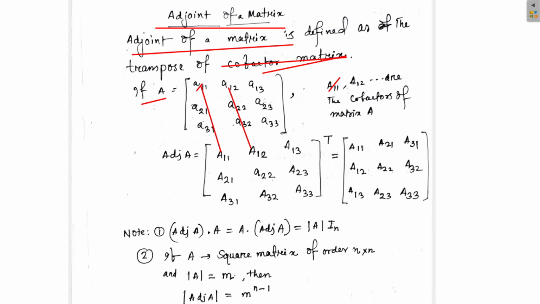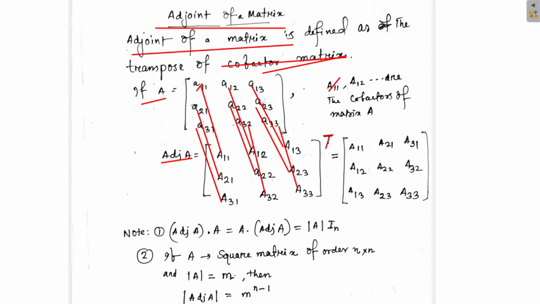The cofactor of A12 is equal to capital A12, like this. We'll find the cofactors corresponding to all the elements and place them like this. After forming this matrix, we'll take the transpose of this new matrix, and the transpose of the new matrix is called the adjoint of the matrix A. What is the transpose of the matrix?